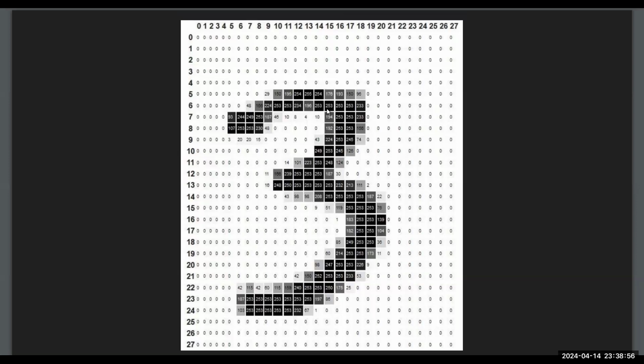So this image is made of 28 square rows and 28 square columns. And as you can see, each colored square has a number assigned to it. A lot of these numbers are zeros, and we've got some more specific numbers, which is 200 something. How are these numbers assigned?